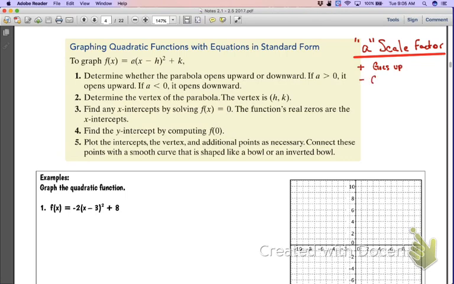If it's negative, your graph goes down. If a is greater than 1, then it's going to be a vertical stretch. If a is between 0 and 1, so it's a fraction between 0 and 1, it's a vertical shrink.